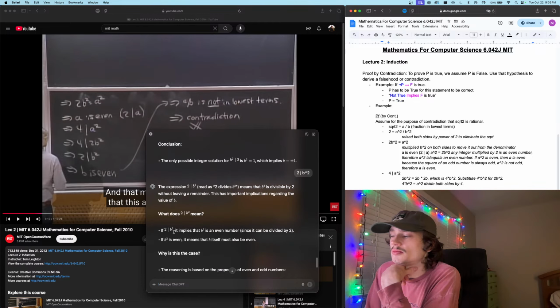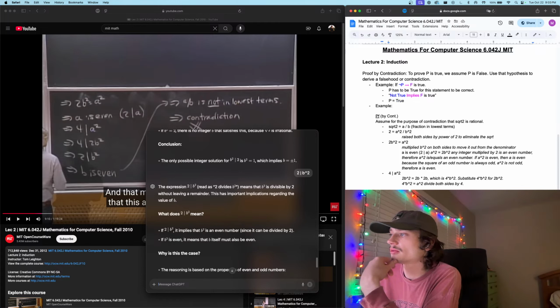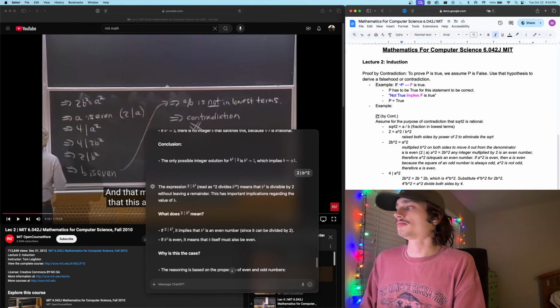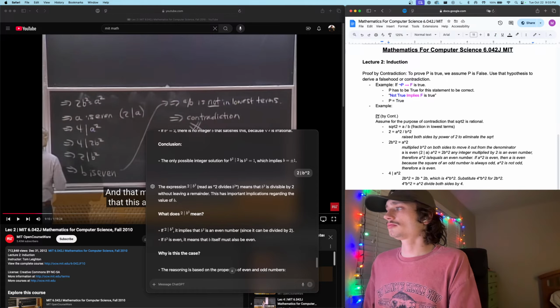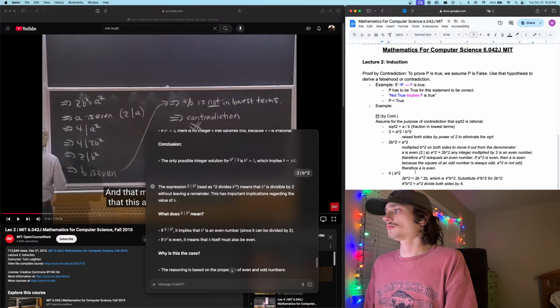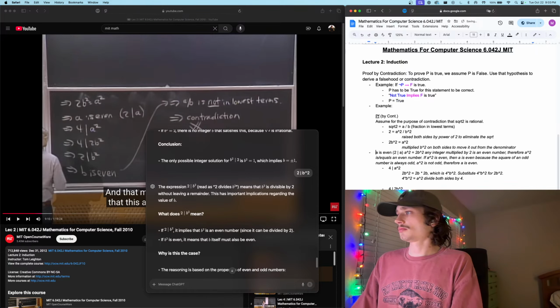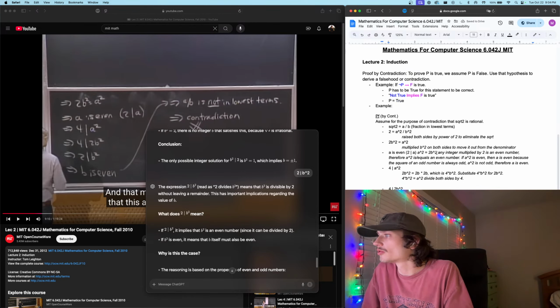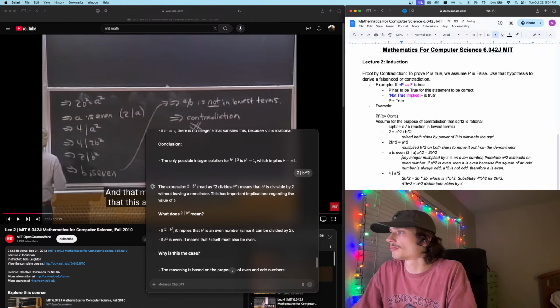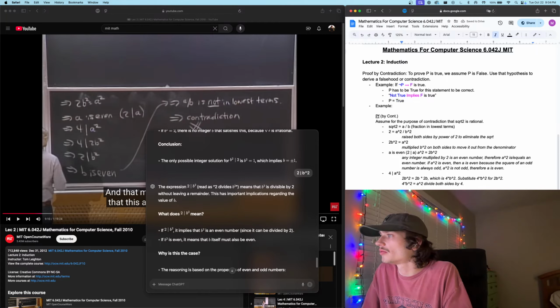If 2 divides b squared, it implies that b squared is an even number since it can be divided by 2. If b squared is even, it means that b itself must also be even. Supposed to be like this, right? A is even, b is even.